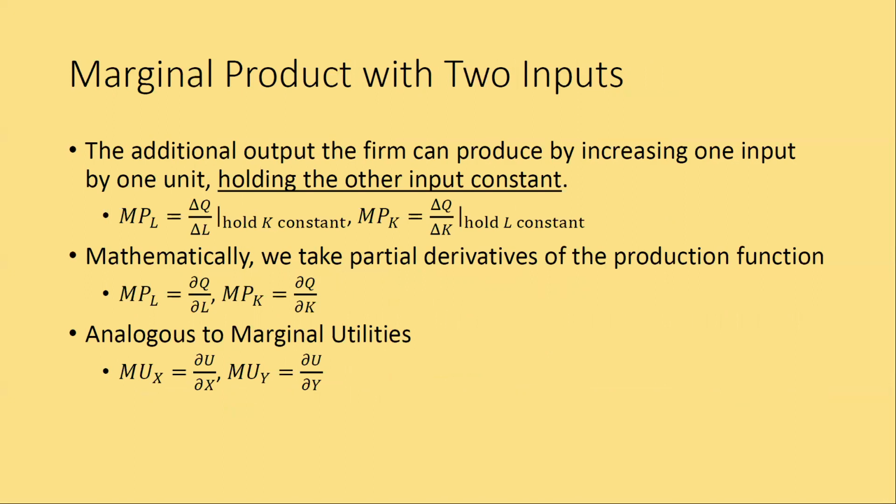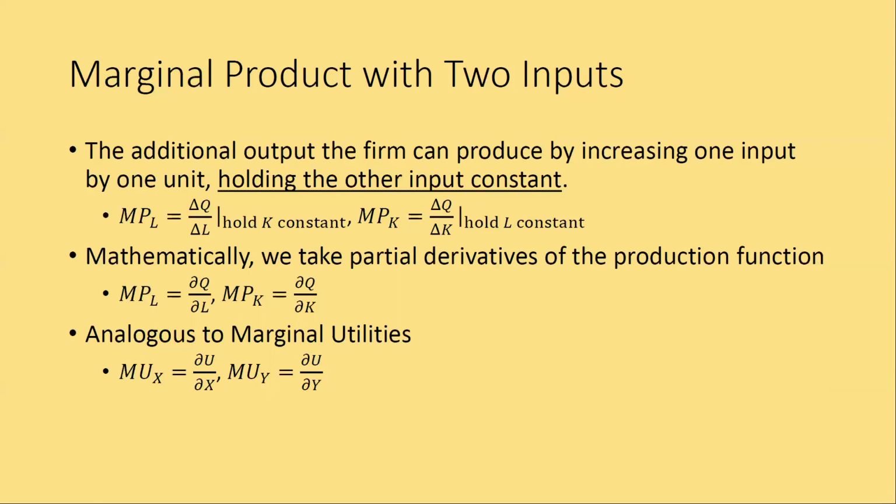Now, given the production function with 2 inputs, we are going to define a new concept, which is the marginal product of labor or capital with 2 inputs. Similar to consumer theory, if you recall the marginal utility of a good when we have 2 goods, here the marginal product of 1 input when we have 2 inputs is the additional output that the firm can produce by increasing one input by 1 unit while holding the other input constant.